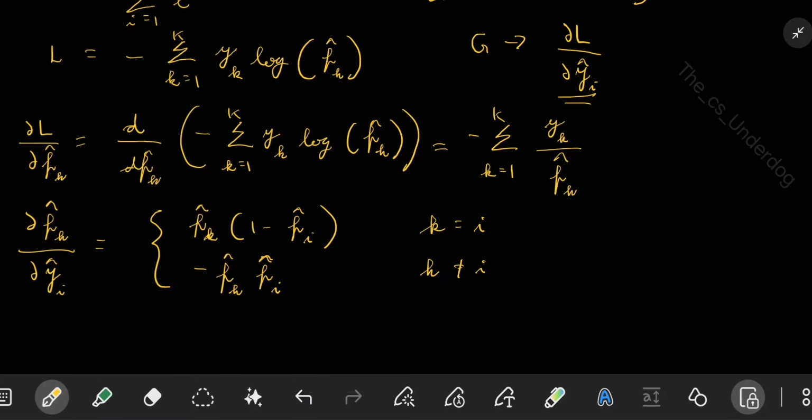So you will be thinking, how did I get this term directly? I should not be directly getting these values. So here, one more thing: whether I write pk or pi, it's one and the same. I just changed the notation so that you will understand this. This is the case where k equals i, so whether you write k or i, it's all one and the same.